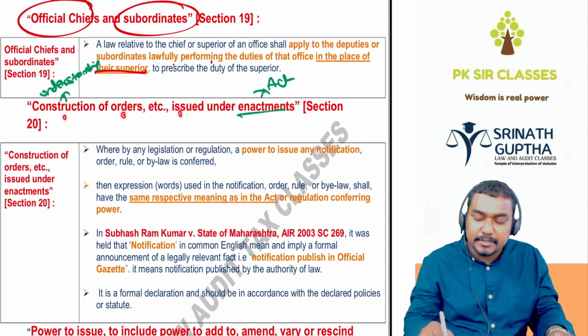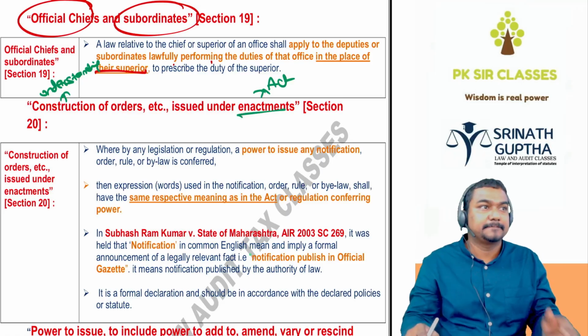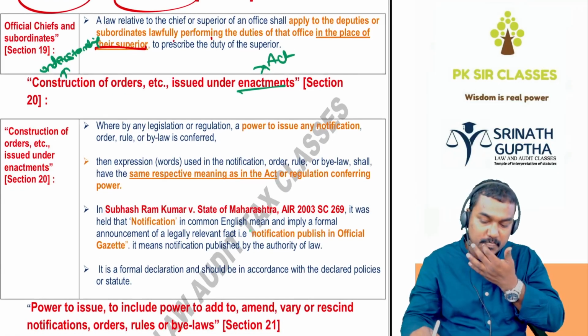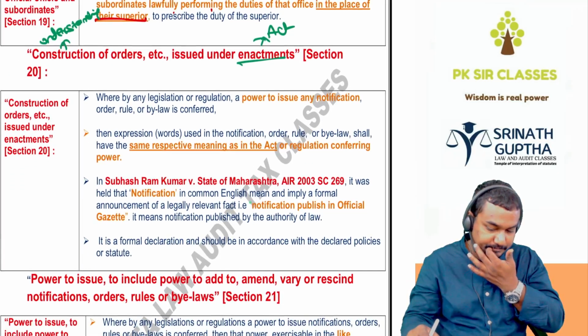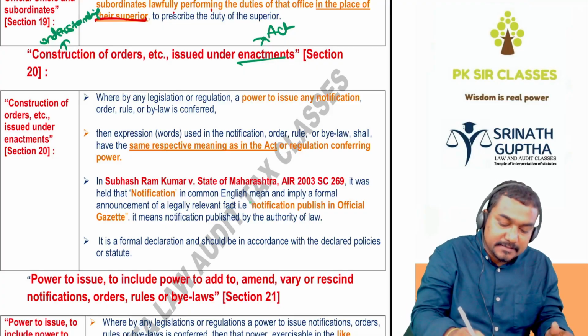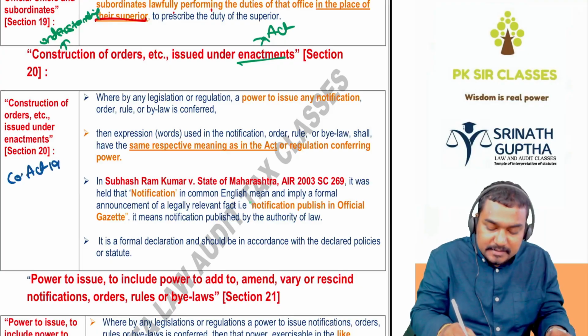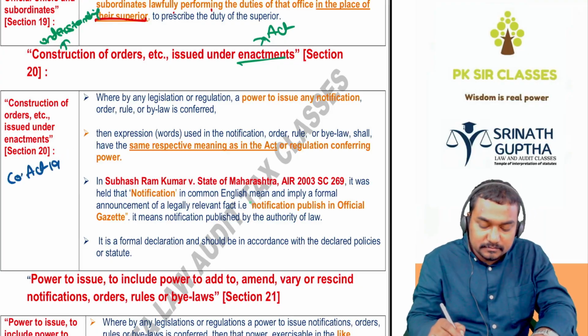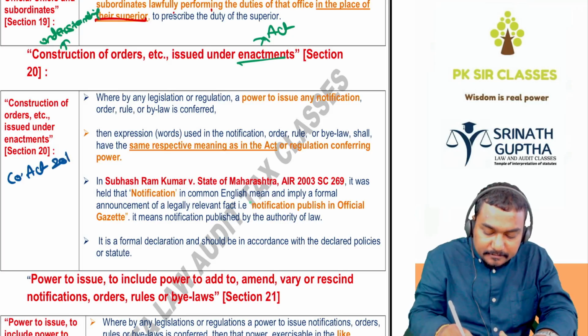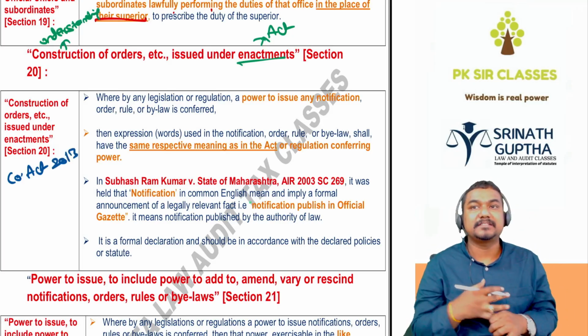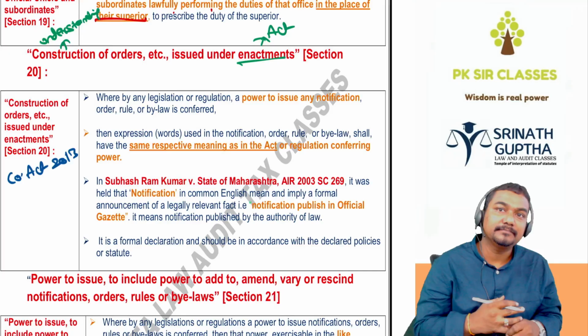Construction of the orders issued under the enactments. One act is there, the Companies Act 1956, 2013. In this Companies Act, securities were defined. Which word is defined?